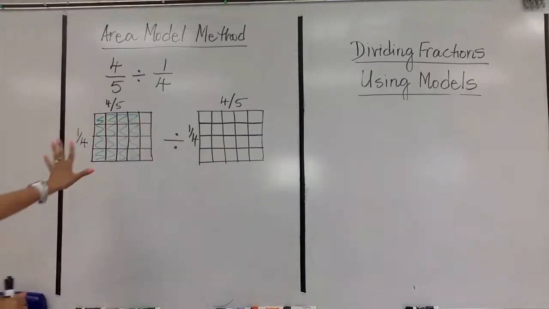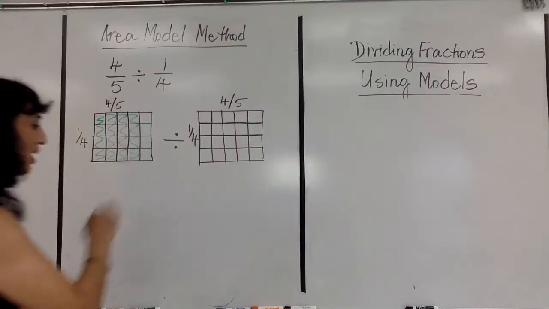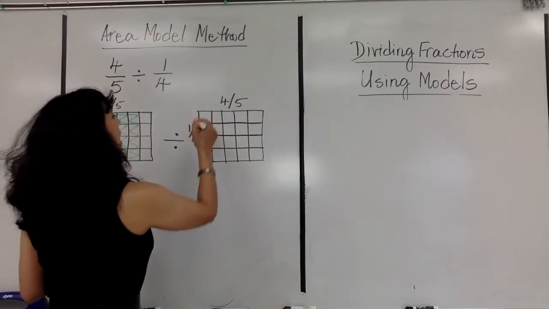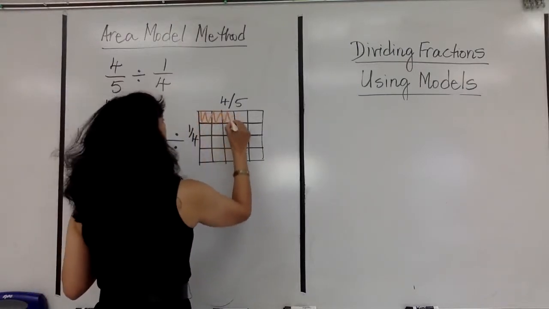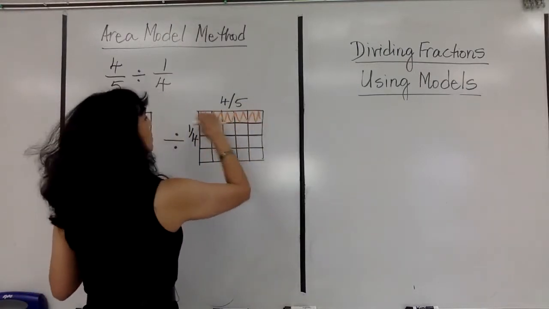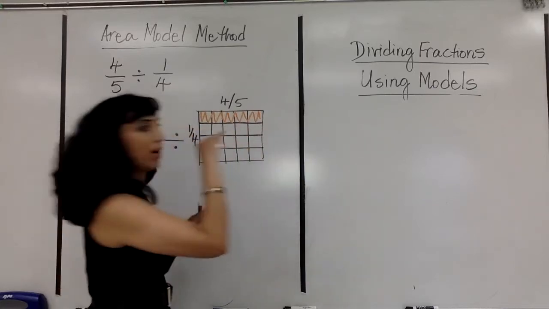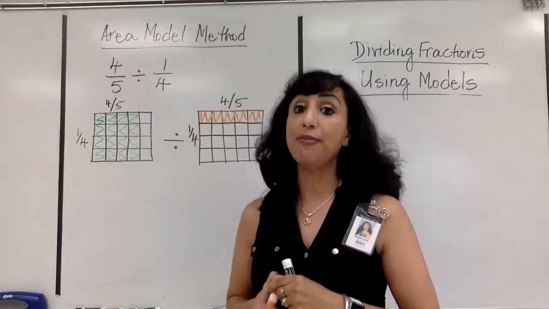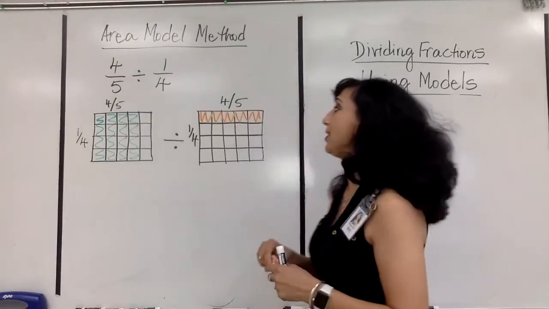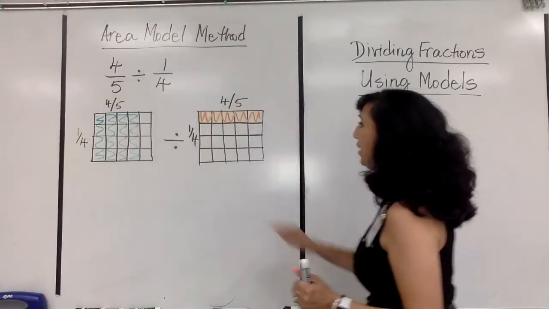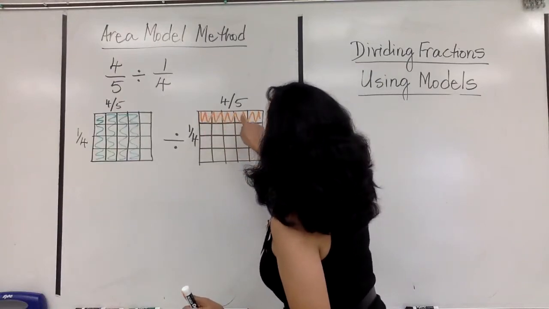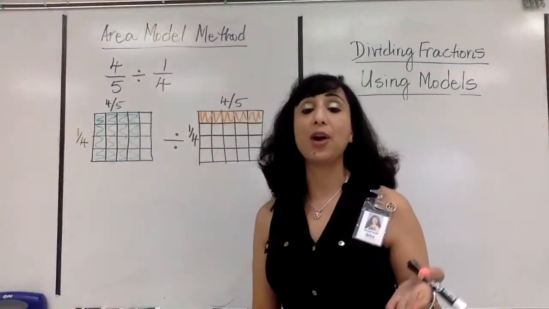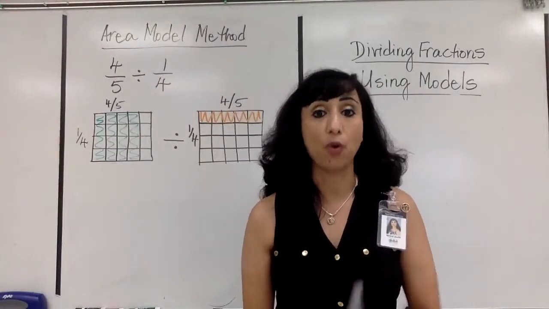So I have colored in 4 out of 5 over here, and in here I am going to color in 1 out of 4. So look, this is 1 out of 4. Okay, this is 1 out of 4. So 1/4 over here is comprised of, let's see how many squares. 1, 2, 3, 4, 5. So 5 squares comprise 1/4.